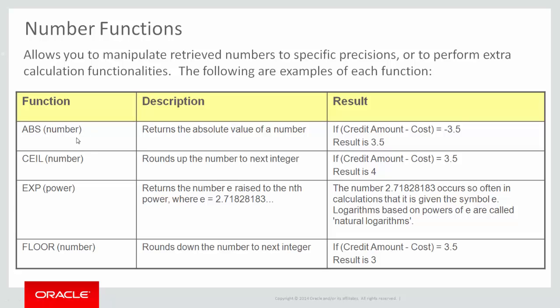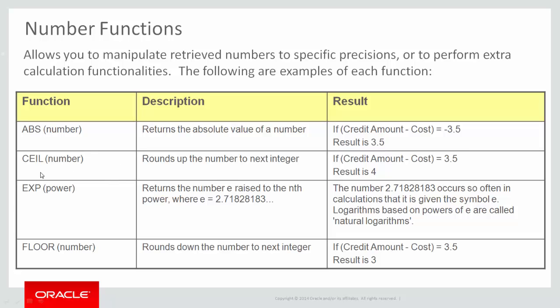Maybe during one of your calculations, you don't necessarily care if it's a negative or positive value, you just want to know the absolute value. So in the example we have here, it's the credit amount minus cost, and let's say credit amount is less than cost, so it yields us a value of negative 3.5. If we put absolute value, the result would just be 3.5.